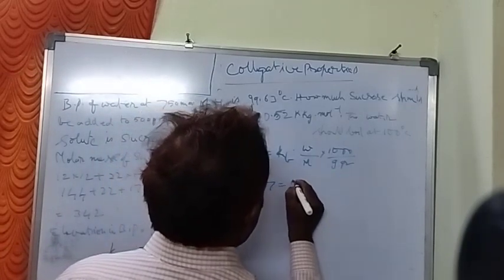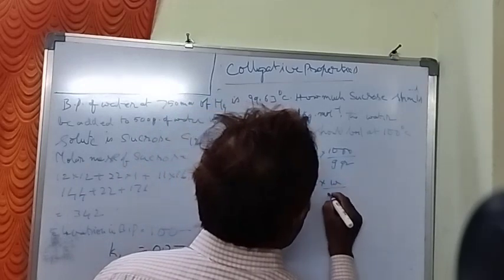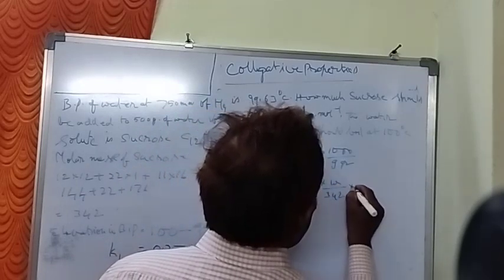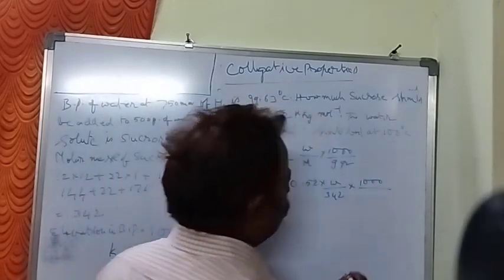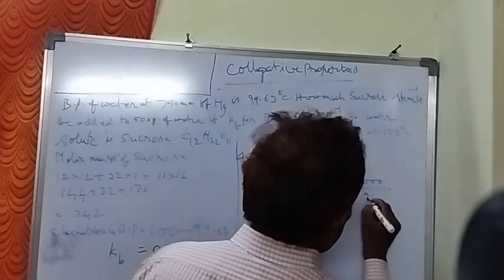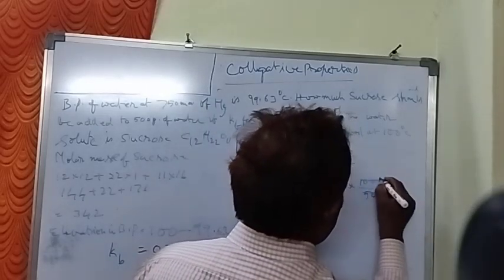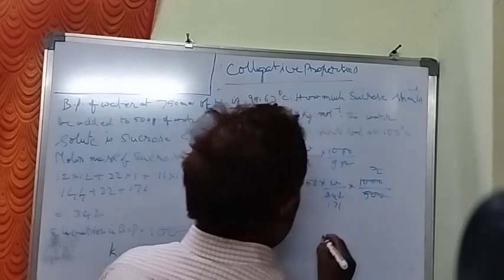So 0.37 is equal to 0.52 into W by 342 into 1000 by G grams. What is the weight of the solvent? Weight of the solvent is 500 grams. So 500 here 2 times, 2 here 171.